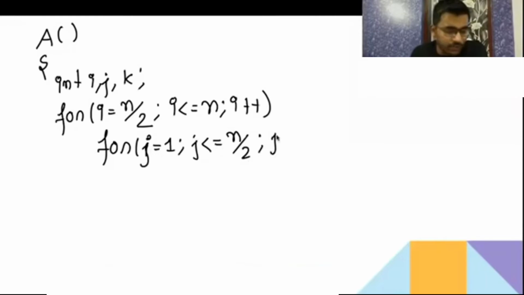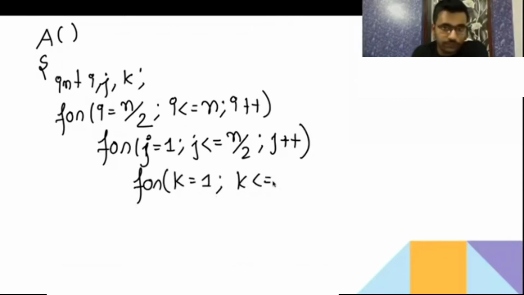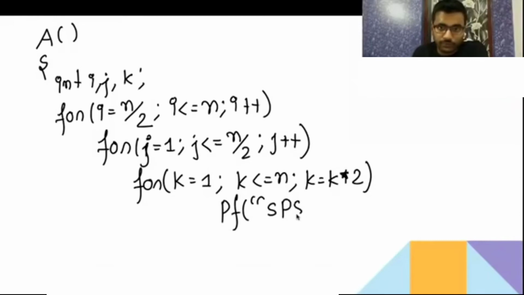Try this. Tell me what is going to be the time complexity of that. Tell me the time complexity of this question.